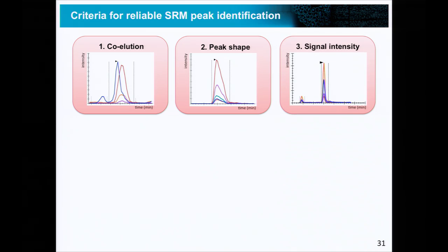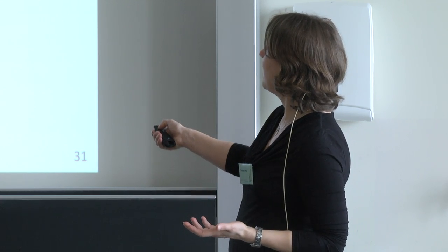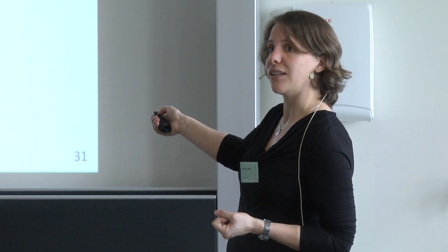This criterion you need to take with a bit of care. What it means is that when you work with an optimized and validated SRM assay, it's quite likely that the most intense peak that you will see in your chromatograms is your peptide of interest. However, if you are unlucky and the transitions that you have picked are shared with another peptide in your sample that comes from a protein that is very abundant, and you are targeting a low abundant kinase, it can well be that your target peptide is the small guy here and not the big one.